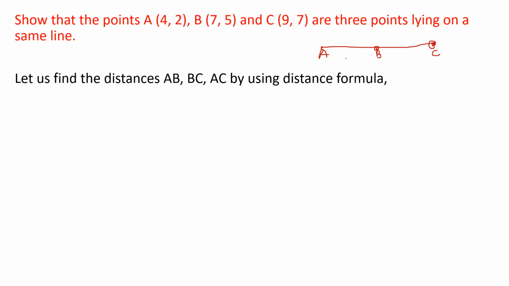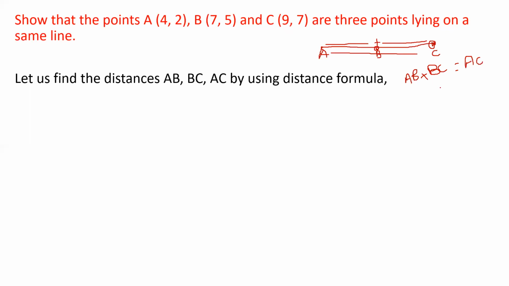Now, if A, B, C are on the same line, then we can write that A to B, this distance, plus B to C, which gives me the total distance AC. Am I correct? Yeah.